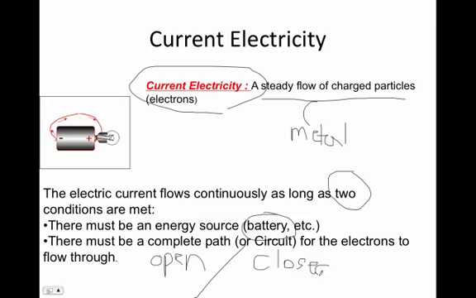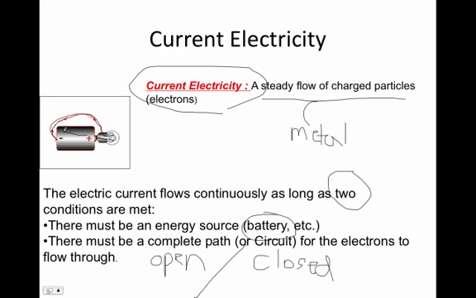So here's a really simple diagram of a circuit. We have a wire and a light bulb, and electrons leave the negative end of the battery. They flow through the conductor, through the bulb, which is a load, and to the positive end of the battery.